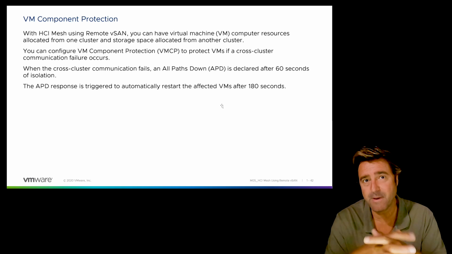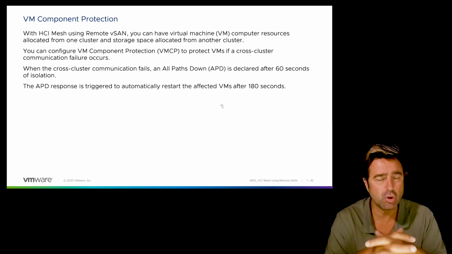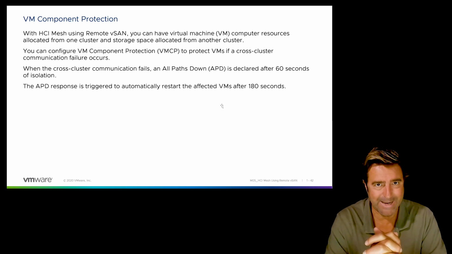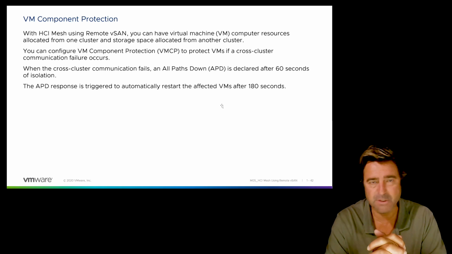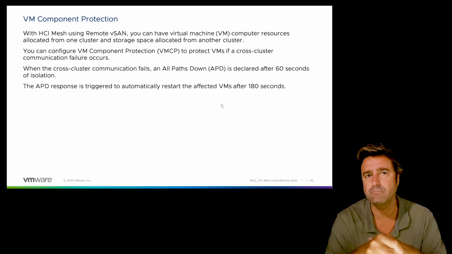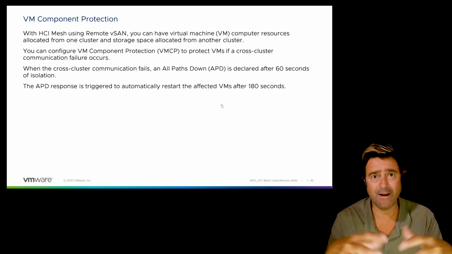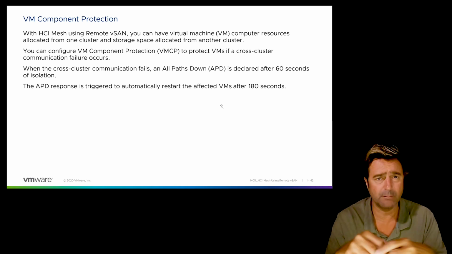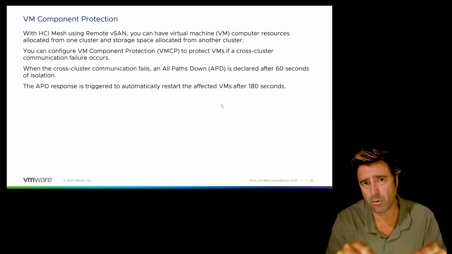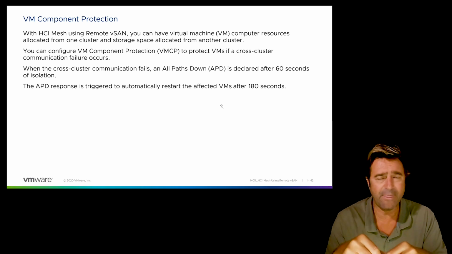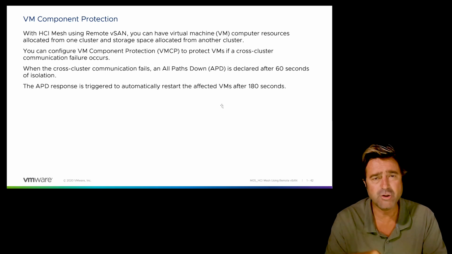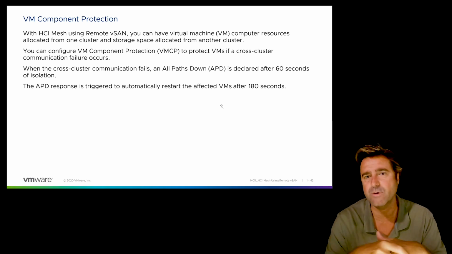So what they're telling you on this page is that you should, in this case, enable and configure VMCP, Virtual Machine Component Protection. If you have a problem and you don't get to see the remote vSAN data store anymore, what's going to happen is you're going to have an all path down situation, an APD situation.